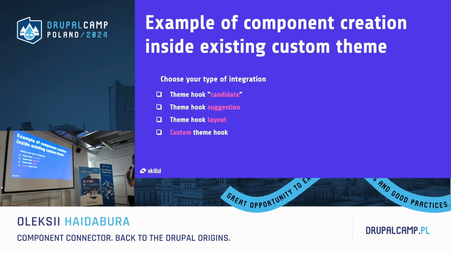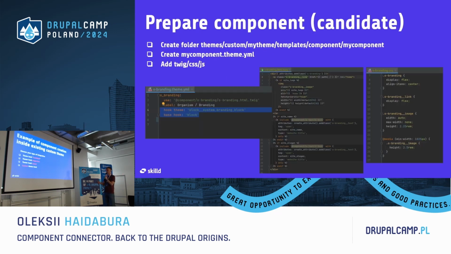So all the process is kept, and when you are using the component connector, you still have the possibility to use all other preprocesses and other hooks. So if we play with the registry, and when the registry is rendered, it asks Drupal contrib and core modules if they have something to change, like altering, preprocess, etc.